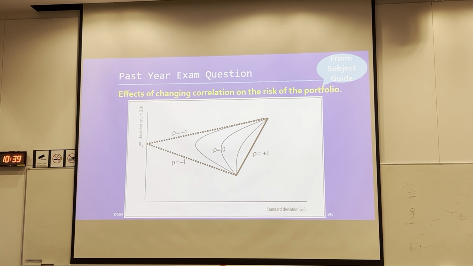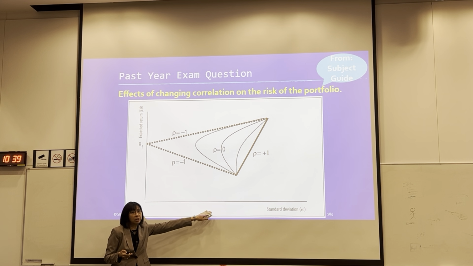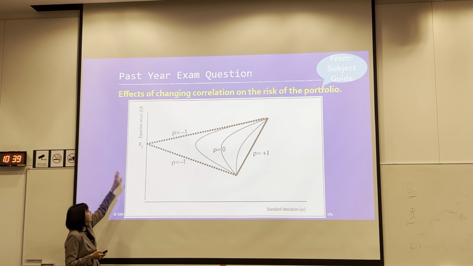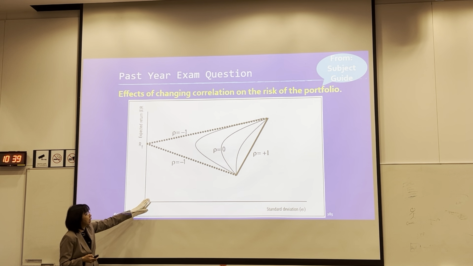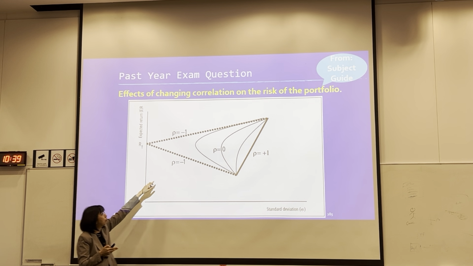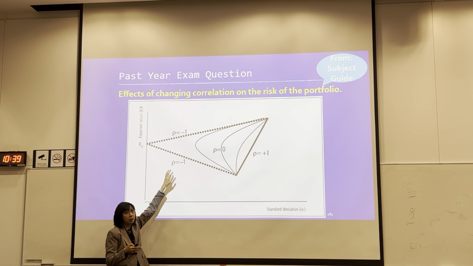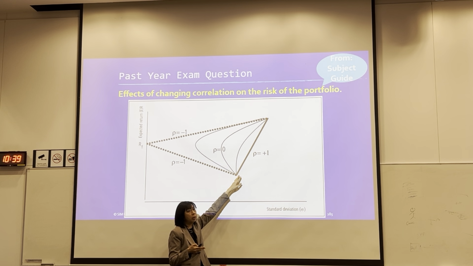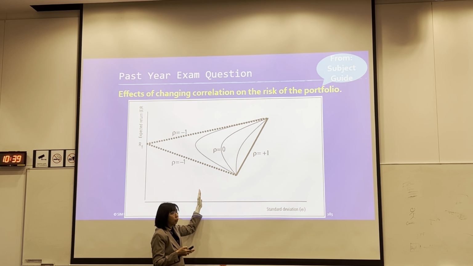All right, so this is a graphical illustration of how you're able to lower risk. The standard deviation is a sign of risk, and then expected return, right? So by combining different less than perfectly correlated securities, so these are your correlations, the less the correlation is to 1, the less your risk will be for your whole portfolio.